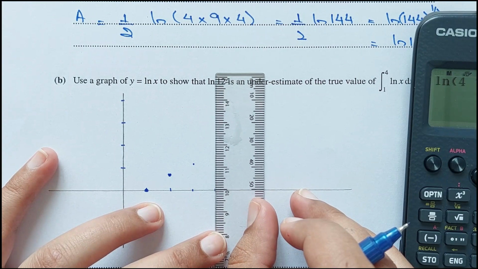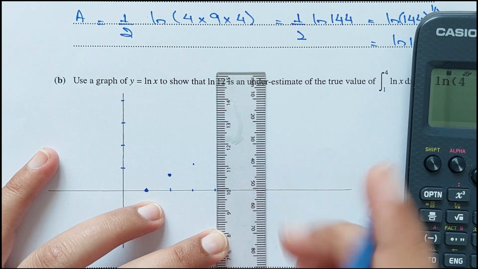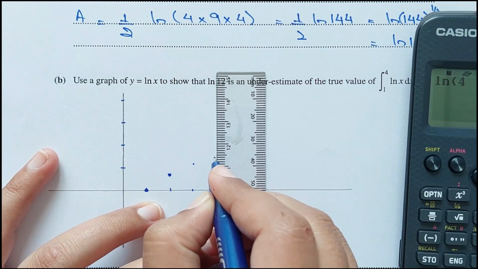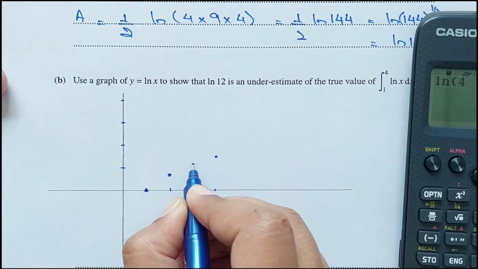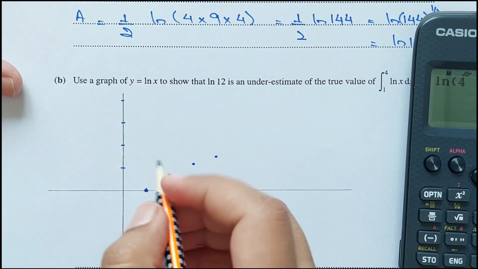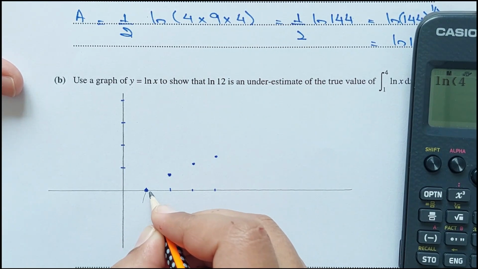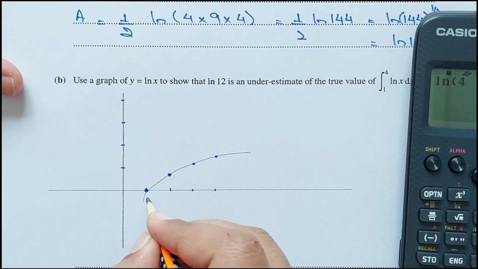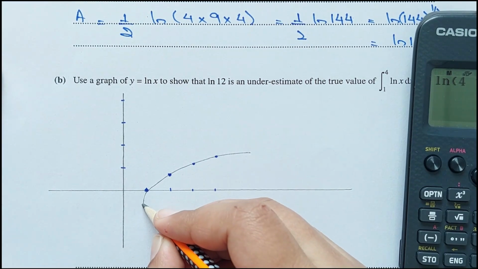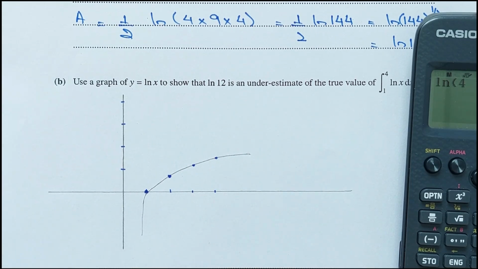This is the point 4, and we can say 1.4. Right. Now let me connect all the points to get the sketch for ln of x. Okay, so this is a sketch for ln of x.